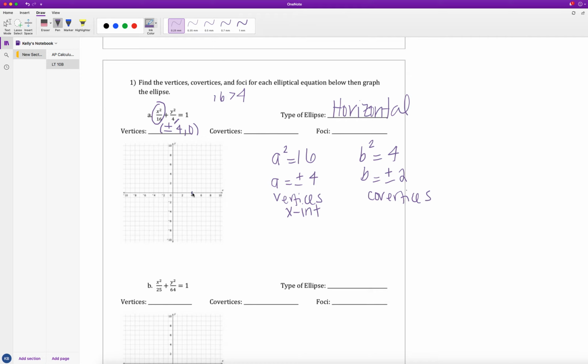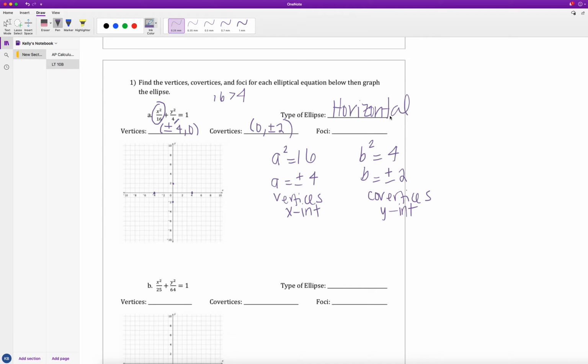So we're at 4, 0 right there, and negative 4, 0 on the left side. My co-vertices are dealing with this b value, and they have to be on the opposite, so they're y-intercepts, which means these guys are at 0, comma plus or minus 2, which I can go ahead and plot up at 0, 2, and 0, negative 2.